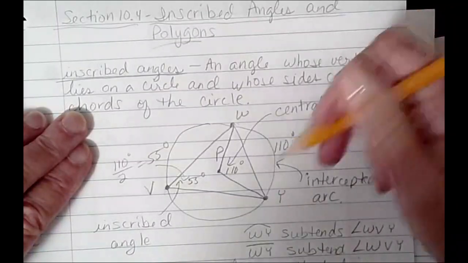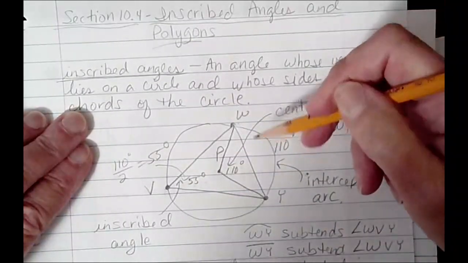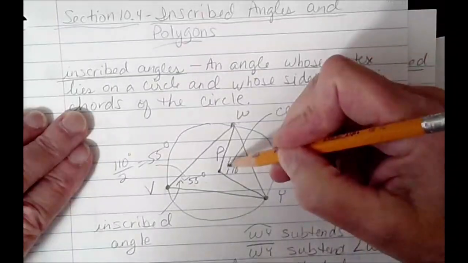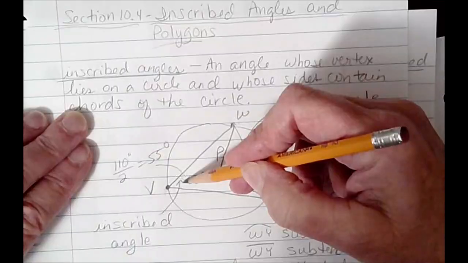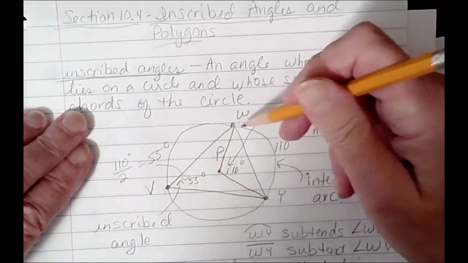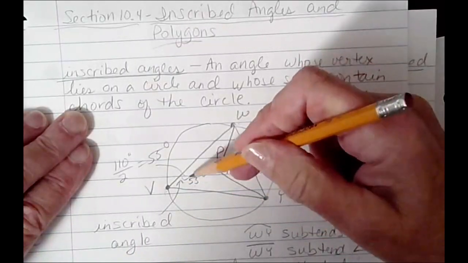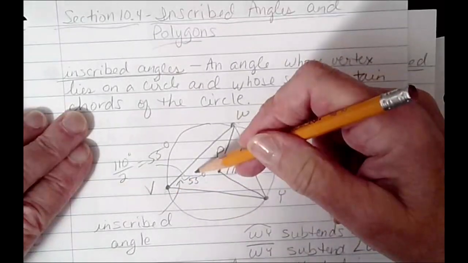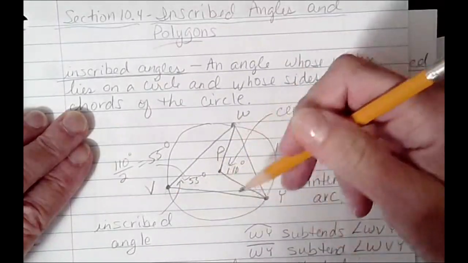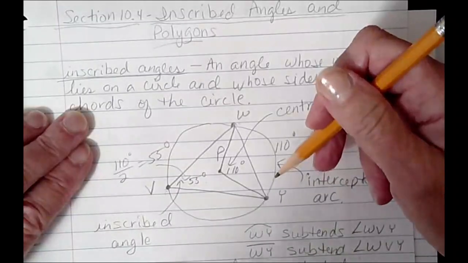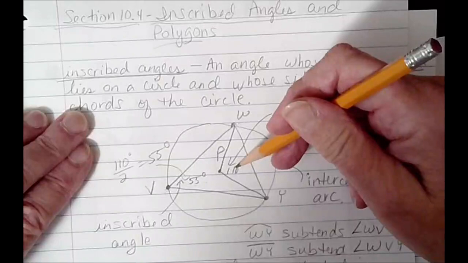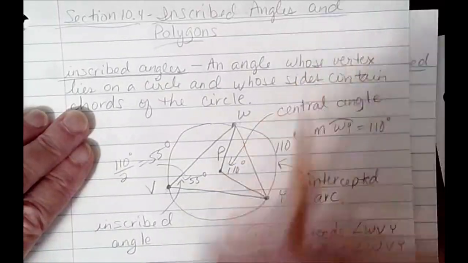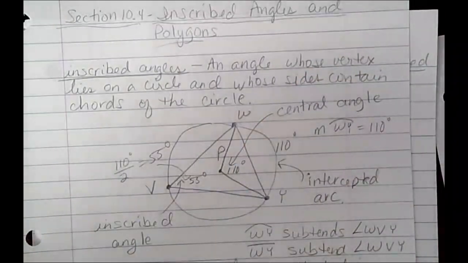However you want to look at it. Hopefully you can see this one is definitely greater than a 90-degree angle, and this one's definitely less than a 90-degree angle. So that can't be 110 degrees because it's smaller than 90 degrees. Your understanding of angle measures should help you distinguish between the central angle and an inscribed angle.